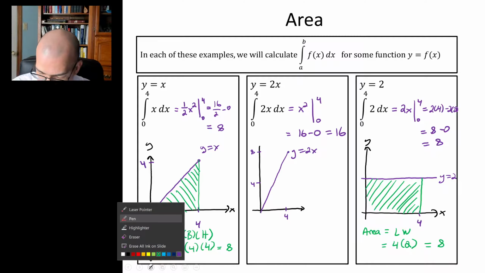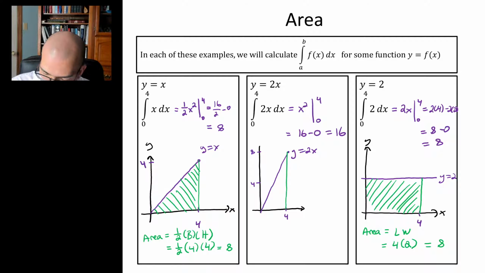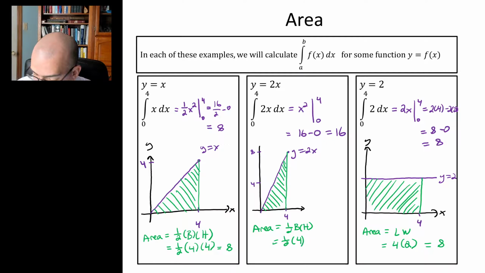Now I'll draw the line down. Now we're looking for this area. I know it doesn't look like it, but it's because my x-axis is scrunched so I can make the graph fit. This area is 1/2 base times height. So 1/2, the base here is 4 and the height is 8. So I get 16.